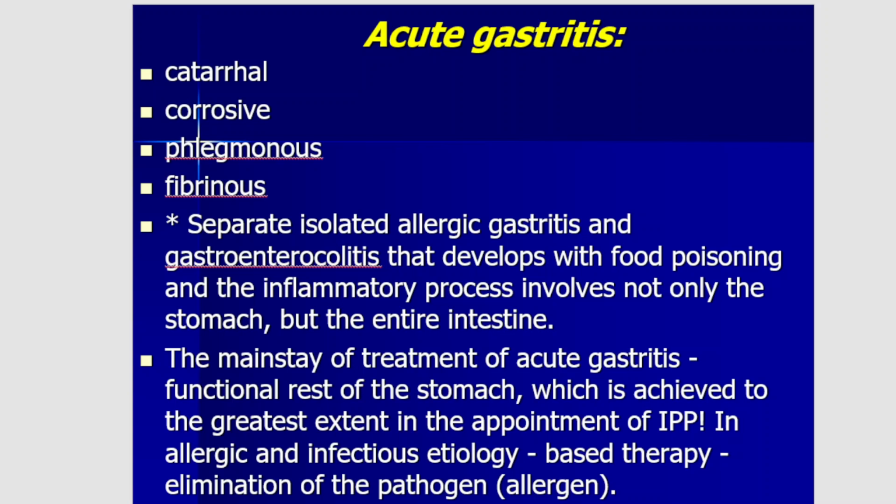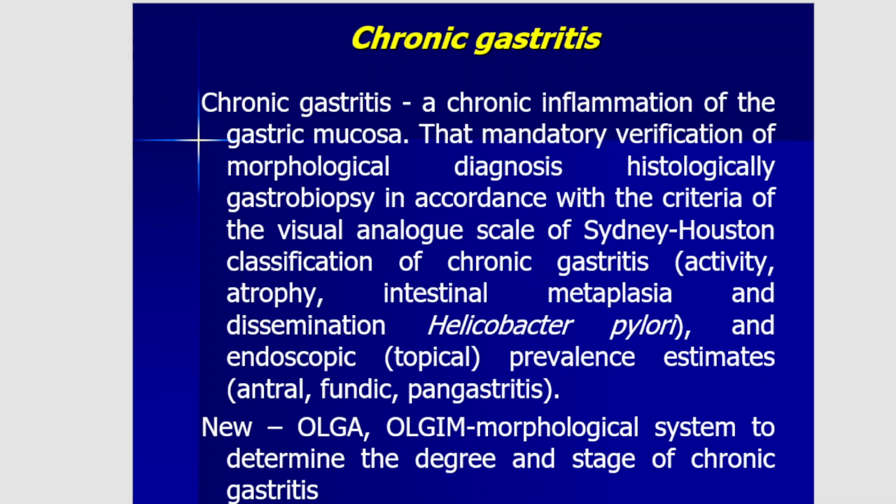The mainstay of treatment of acute gastritis is functional rest of the stomach, which is achieved to the greatest extent with the appointment of proton pump inhibitors. In allergic and infectious etiology, therapy is based on elimination of the pathogen or allergen.